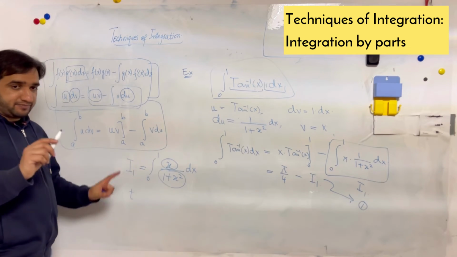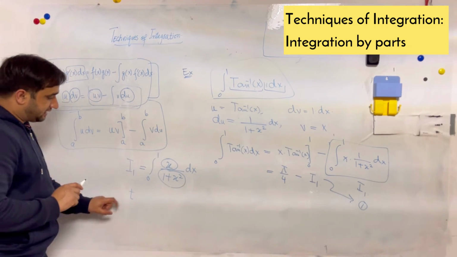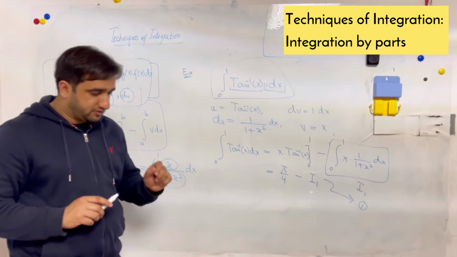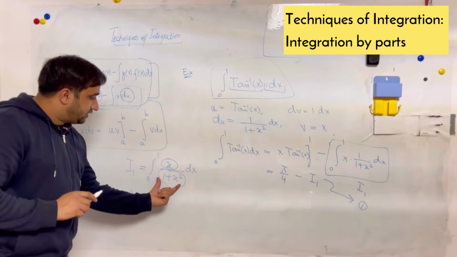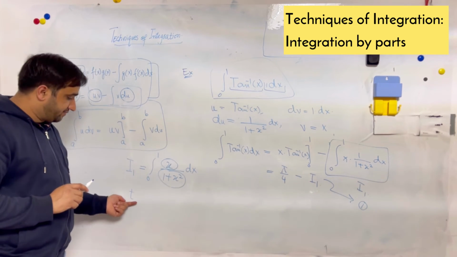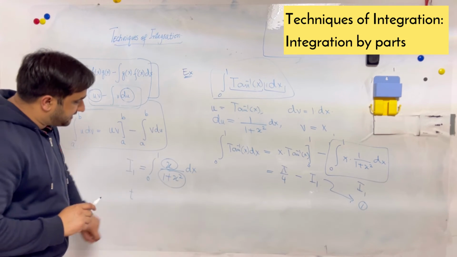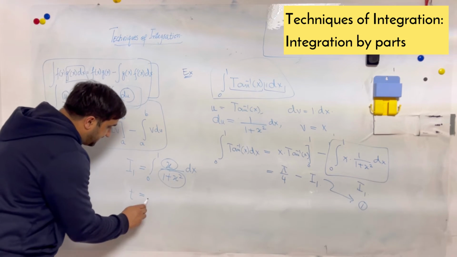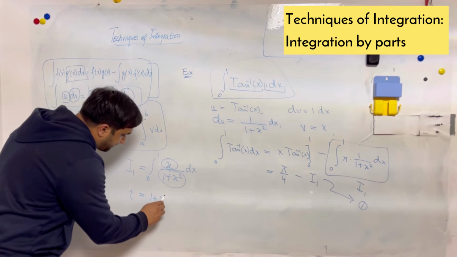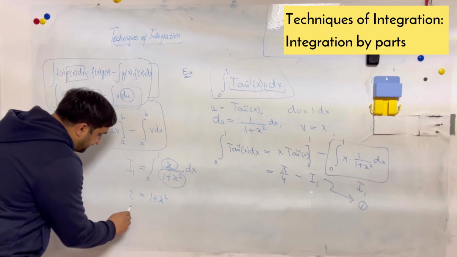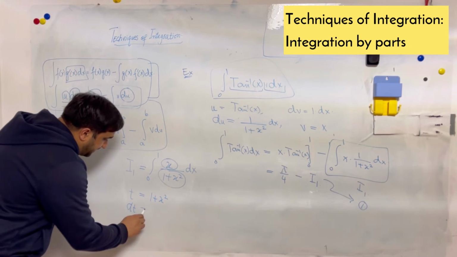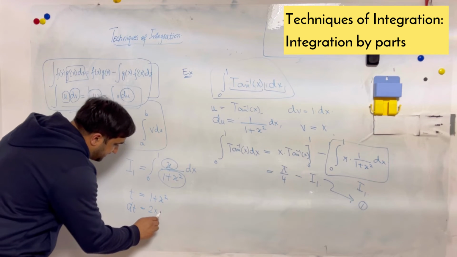So we are going to make a substitution t, and I told you that when you are making the substitution, take the complicated guy as the new substitution. In both these guys, the lower one is the complicated one, so I am assuming t equals 1 plus x square, and the derivative dt will be 2x dx.